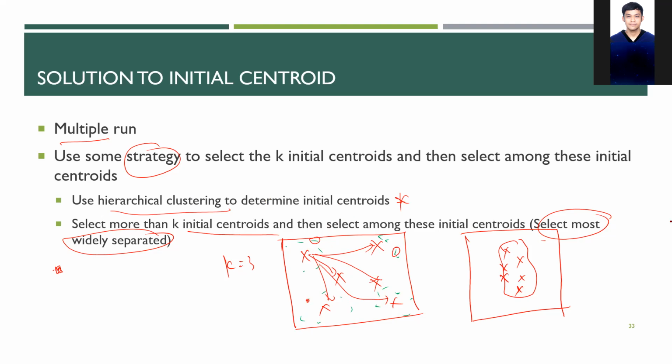So we have many strategies to do this. Or you can also consider, let's say, for each attribute we know the average and the range. Let's say this is the average, this is the minimum, this is the maximum. So we choose one value here, one near the minimum, one near the maximum, for example, as the initial centroids.